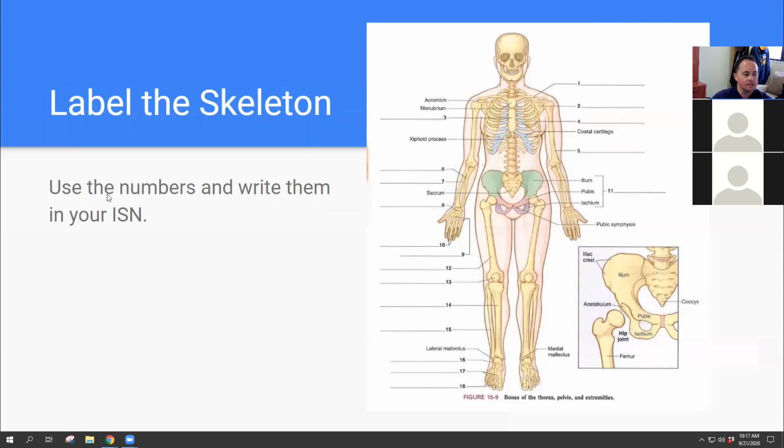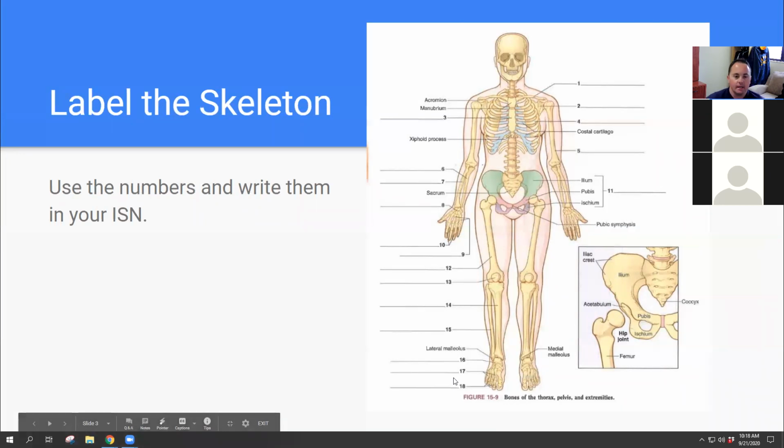Now, like it says here, I want you to label these bones in your ISN. Okay, Tyler, sorry, it's called muscle and bones. All right. So in your ISN, you're going to have 1, clavicle. Okay. 2, what the bone is. And you're going to work all the way around to 18. Okay. So I'm going to give you about 10 minutes. It is 10:18.